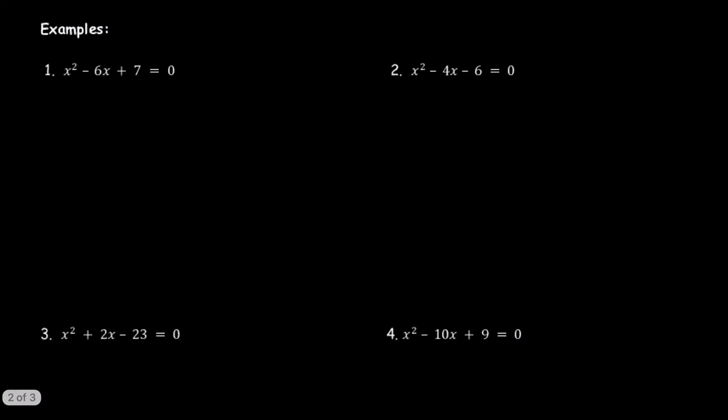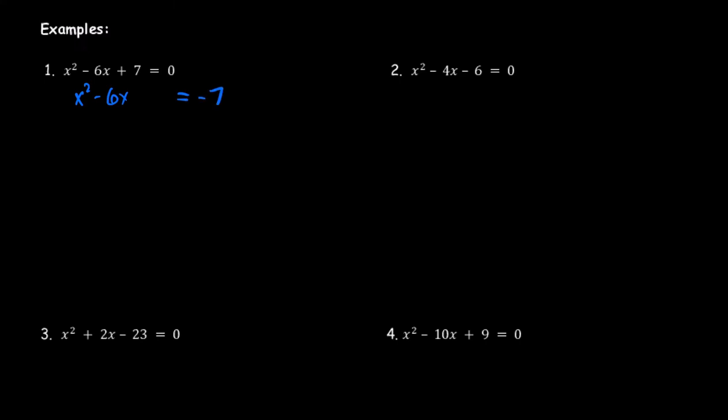Number one, let's test. Is the A term 1? Yes, it is. Is the B term even? Yes, it is. So what do we do first? Well, we are going to subtract 7 from both sides. All right, and if we do that, we get x squared minus 6x, leave yourself some room, equals negative 7.